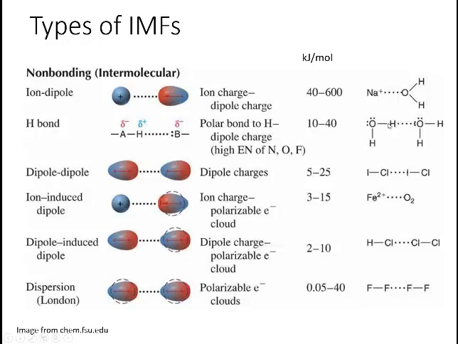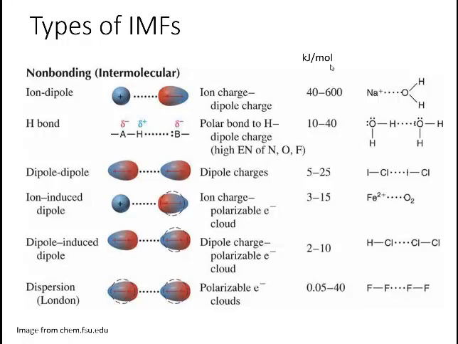Here's an example: the hydrogen is bonded to an oxygen, a really polar bond, and that hydrogen interacts with an oxygen in another molecule. That's what we call a hydrogen bonding interaction. It is an intermolecular force, just like a dipole-dipole but a really strong one. You can see it's in general stronger than the dipole-dipoles, so we give it a special name.